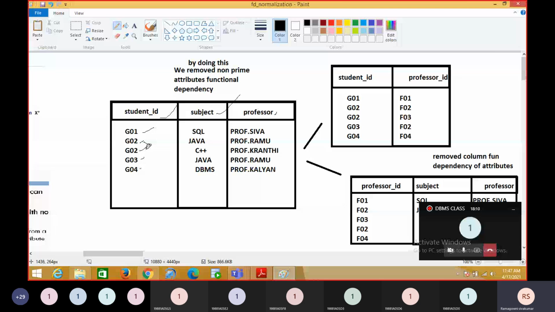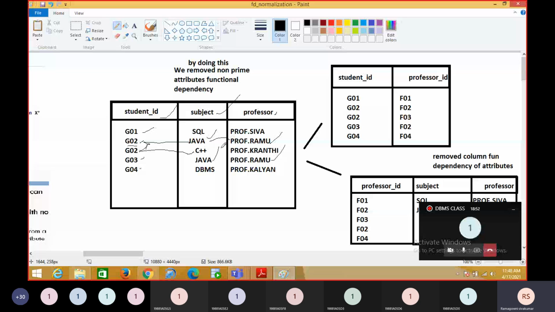Multiple courses are taught by one professor. Java is taught by professor Ramu. C++ is taught by professor Kranti.